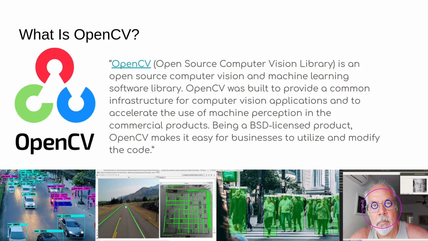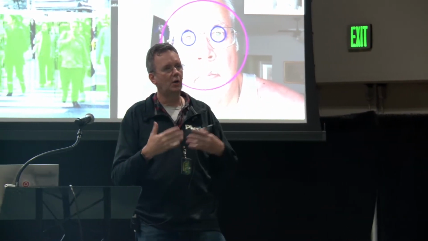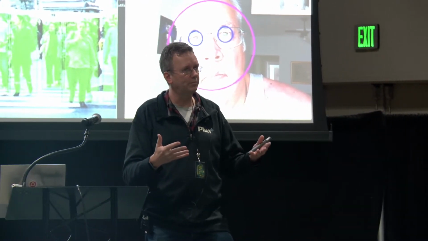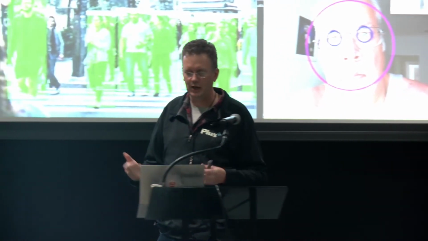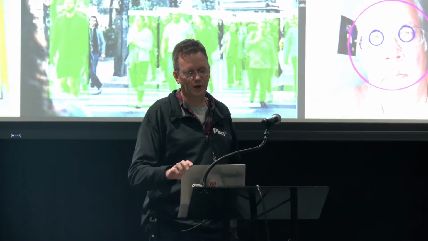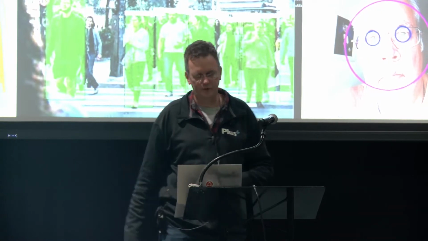It's an open source library that gets included into other things. So it is included in a number of different products. If you're going to put out a product that has to do with some sort of image recognition, you're going to pull down a copy of this open source library and embed it in your product, right? So obviously in robotics, we had a copy of it embedded, and that's why I care about OpenCV.